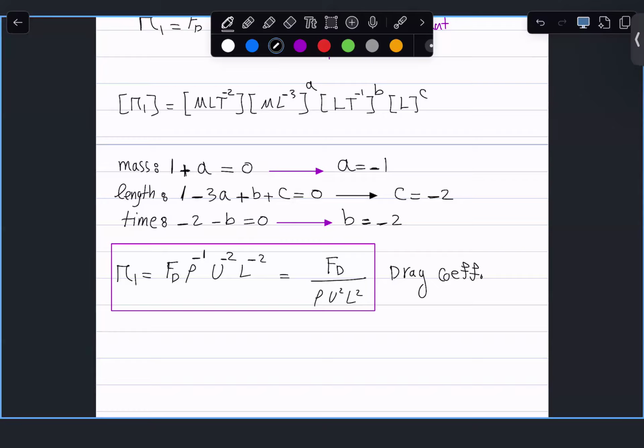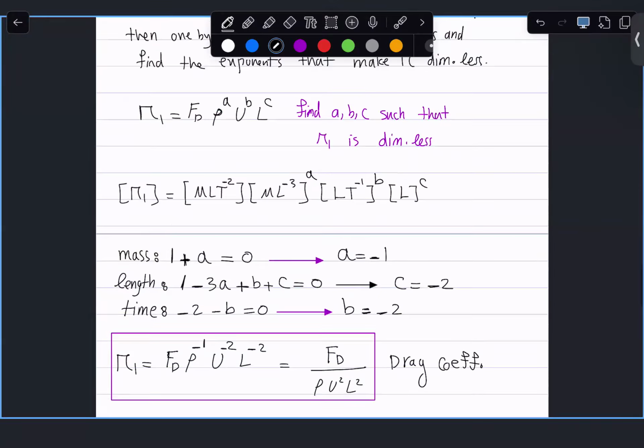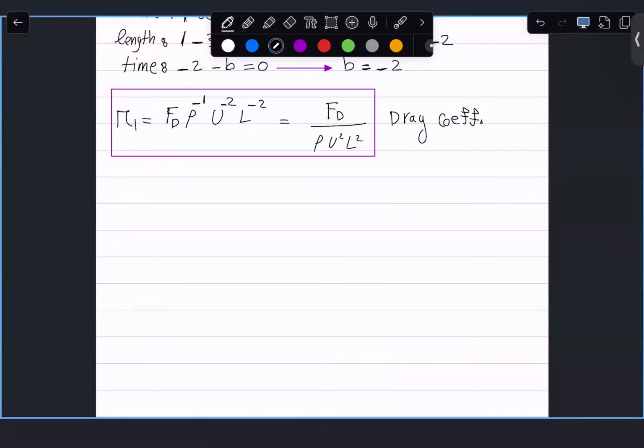Okay? So now what I want you to do is do this last step for pi2 and see if you get that Reynolds number. And once you do that, you're done. The same thing, except instead of putting in FD, we put in the other variable. Exactly. So what you do is you write down the repeating variables again. So you say pi2 is rho UL with unknown exponents.